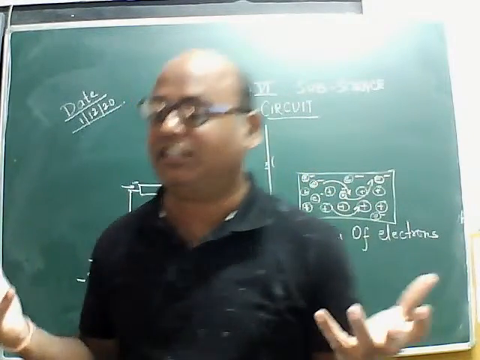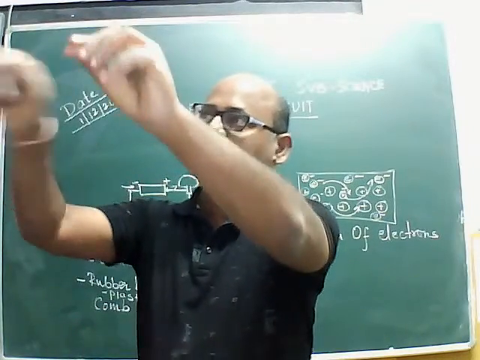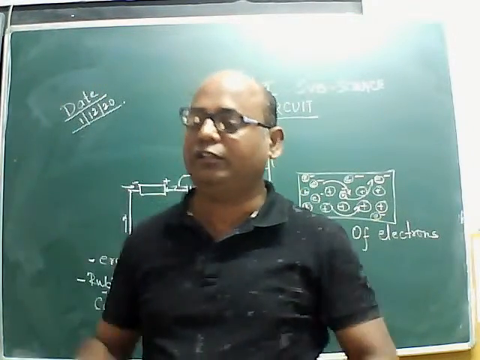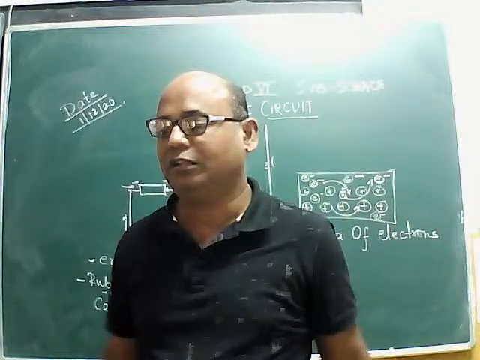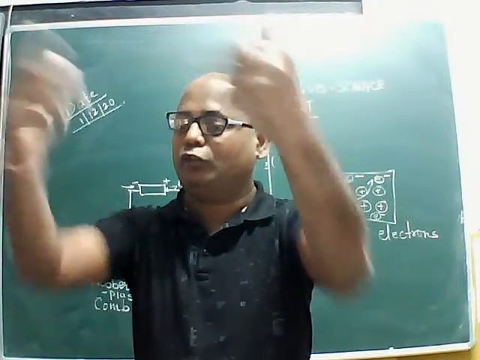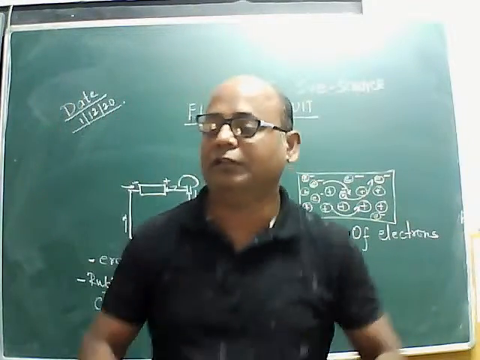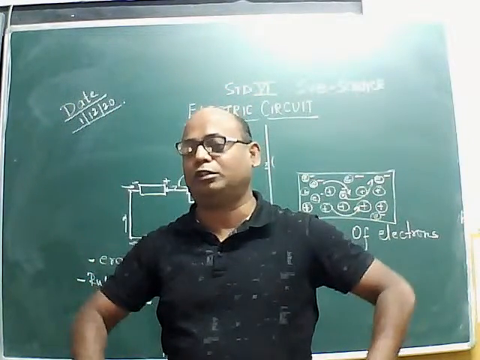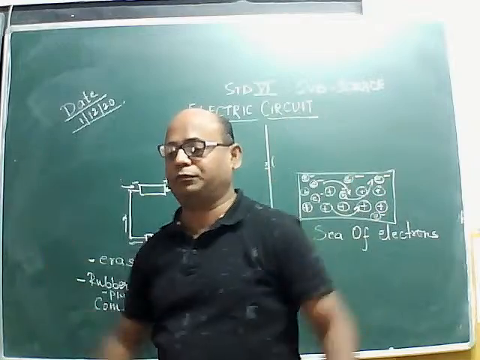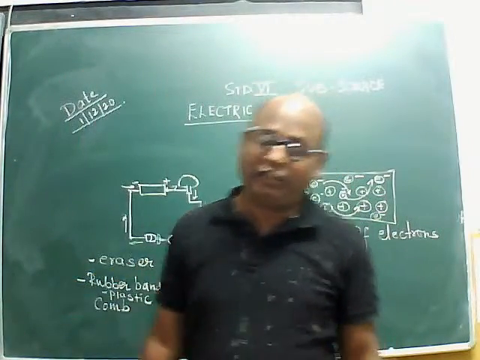Because rubber is a bad conductor of electricity, an insulator. While working, if he comes in contact with a live wire, he will not get any shock, because rubber prevents the flow of electricity. But if he touches directly, what will happen? Our body is a very good conductor of electricity. You will get the shock. So insulators are very, very important.